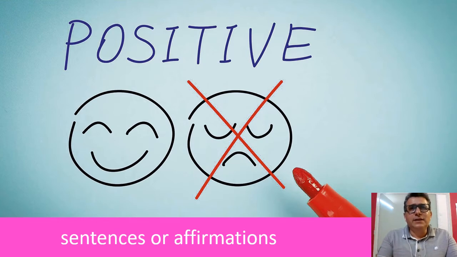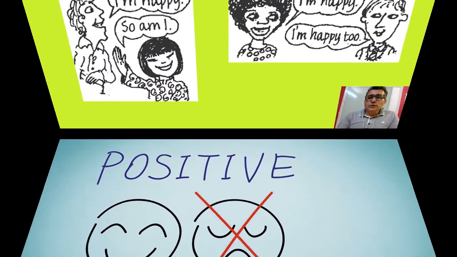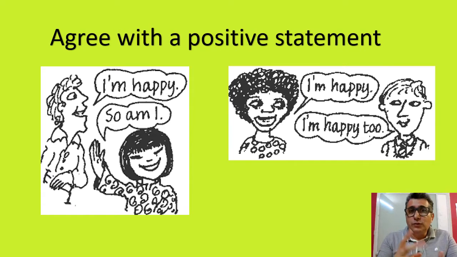How can we agree with positive sentences or affirmations or statements? It's easy. We have to use two expressions, so and too. And look at the images. We agree with positive statements using so and too. Look at the first image.